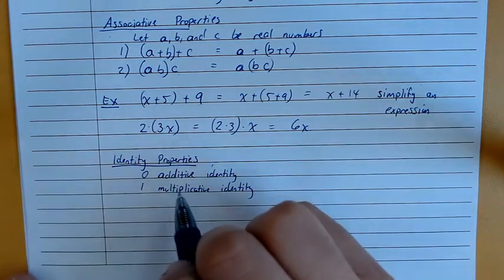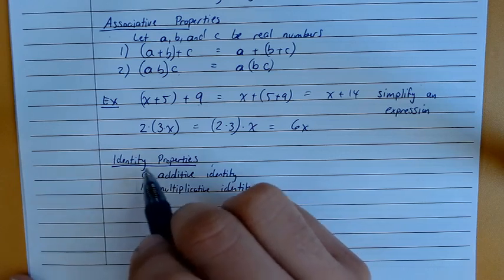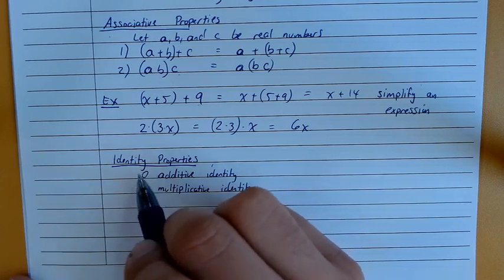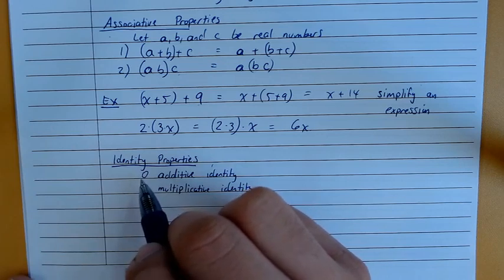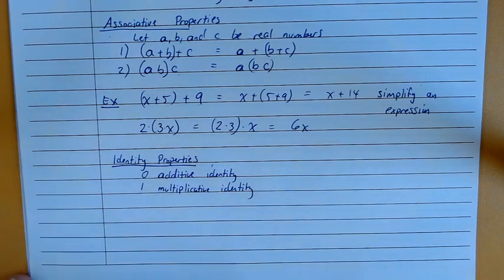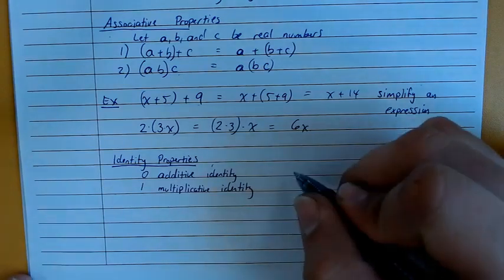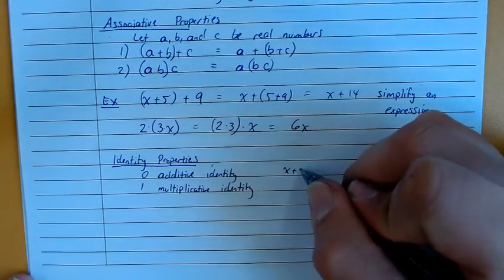What the identity property says is the additive identity preserves the identity of an addend when added to this identity. Or more simply, if you add anything to 0, it doesn't change.